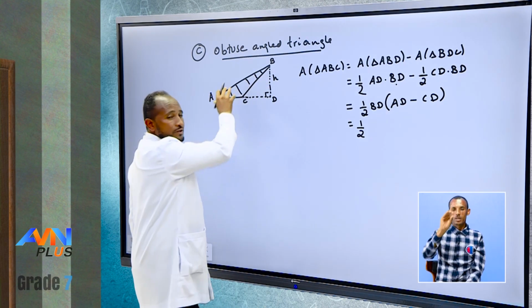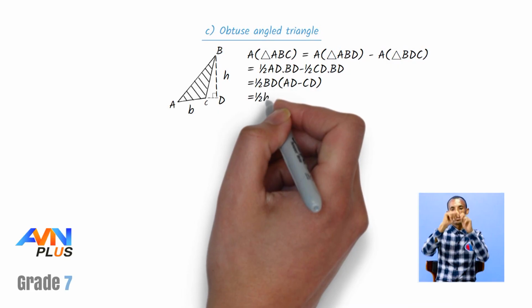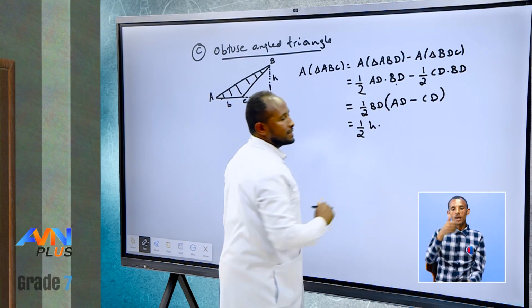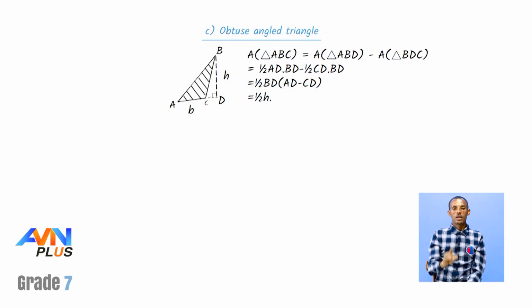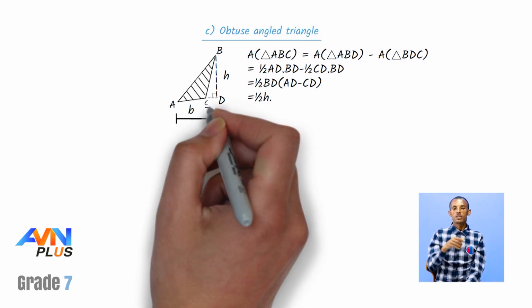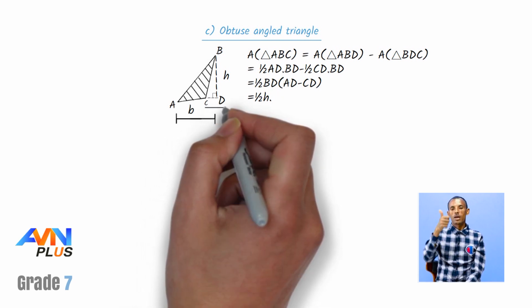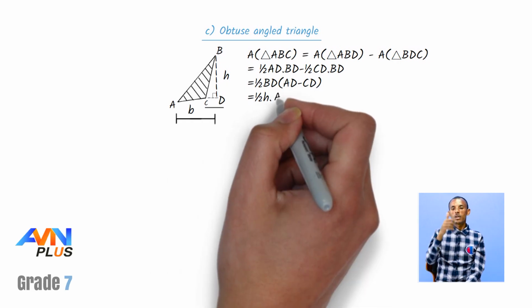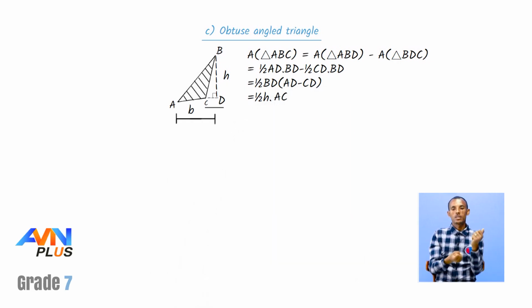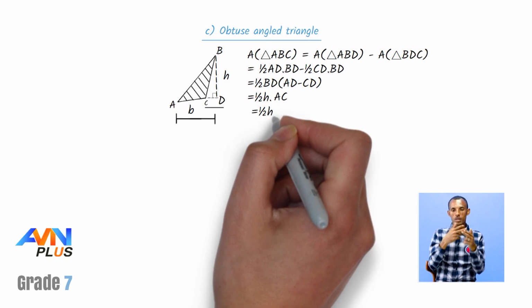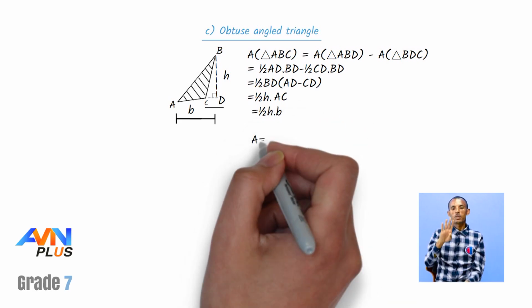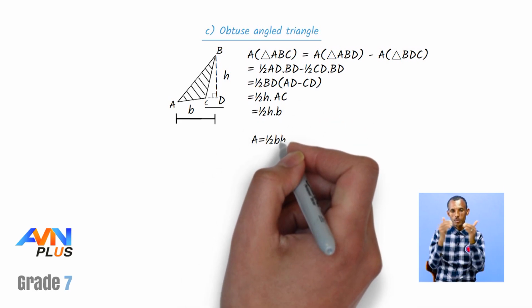BD is the height of this triangle, H, times AD minus CD. From the length AD, if you subtract CD, you will have AC. So AC is the base. Therefore, the area of this triangle will be half BH.